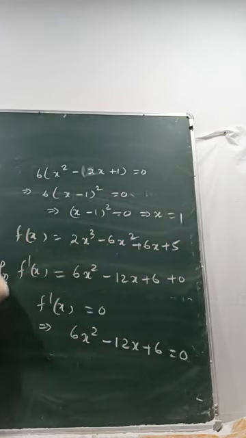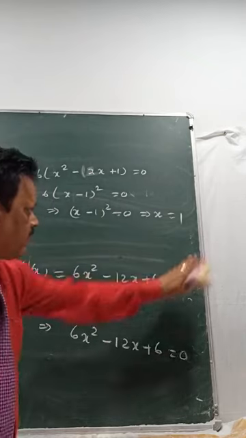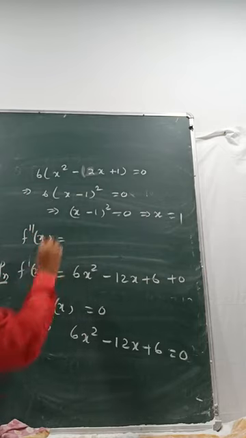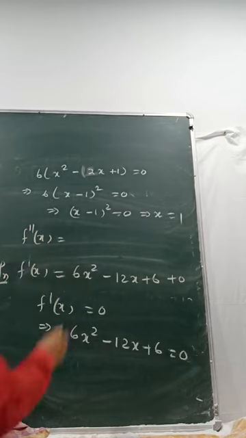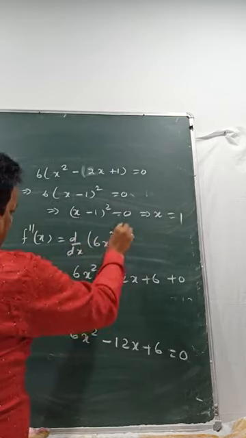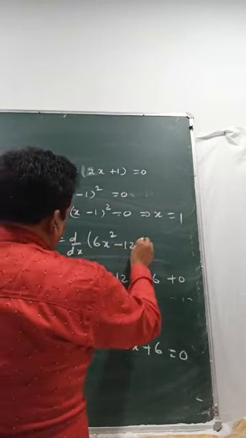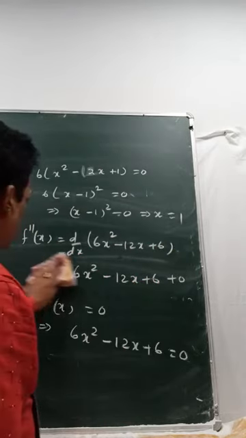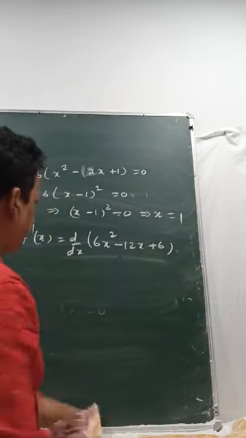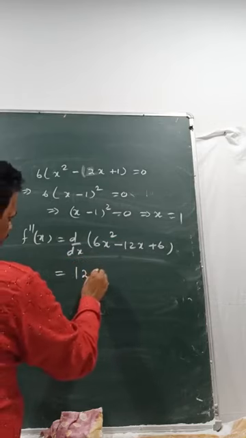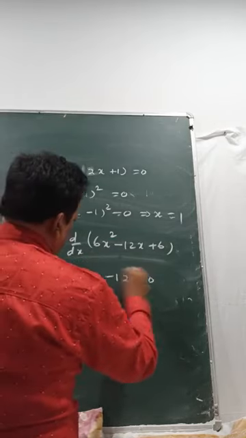Now what you have to do is find the second derivative. What is your f double dash x? That is the derivative of the first derivative 6x square minus 12x plus 6, which is 12x minus 12 plus 0.